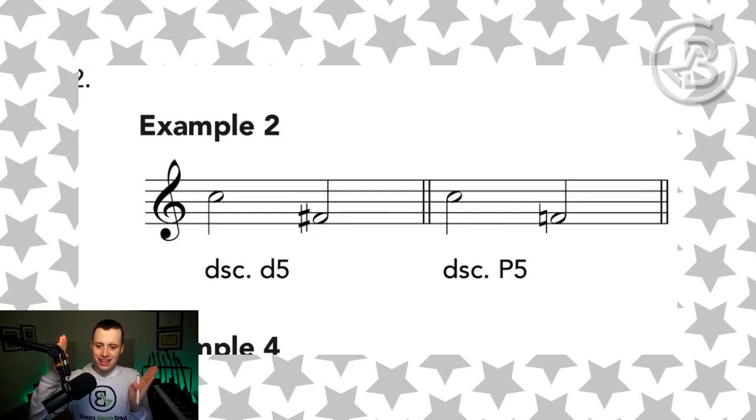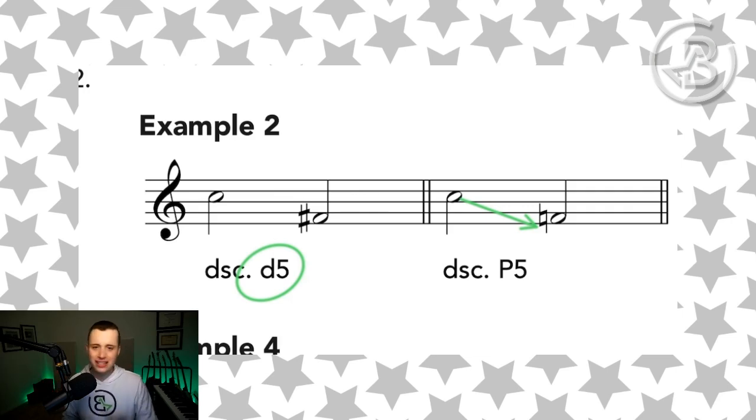That makes the distance less. So typically, when we have a C to an F descending, that's going to be indeed a perfect fifth. But when we raise it up a half step, it becomes a diminished fifth because the distance is less.